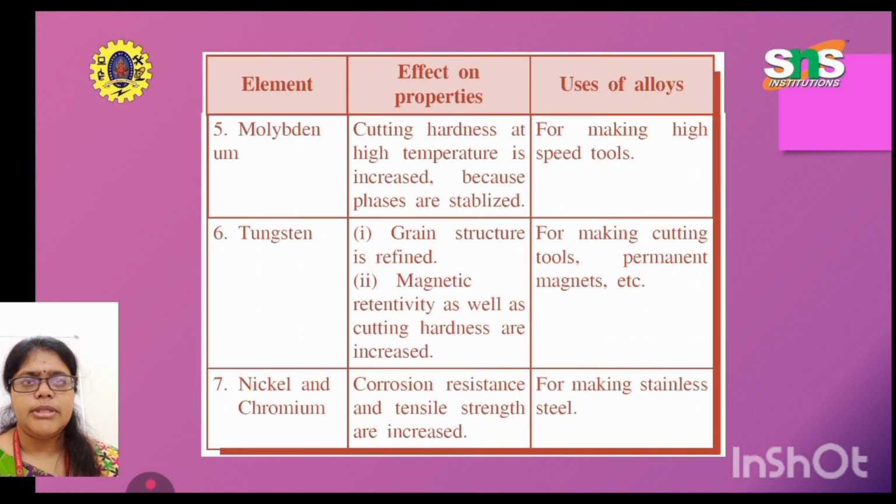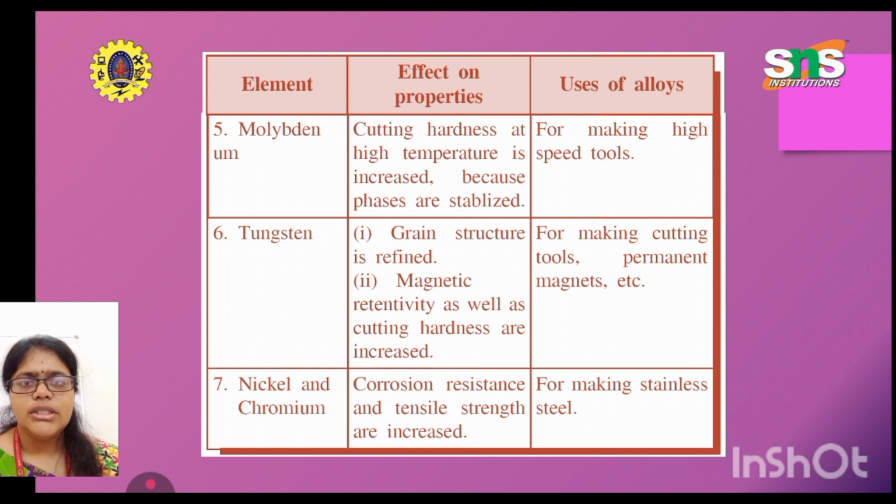And the next element is molybdenum. The effect is that cutting hardness at high temperature is increased because phases are stabilized. Uses of these alloys are for making high speed tools. Next element is tungsten. Grain structure is refined, and magnetic retentivity as well as cutting hardness are increased when we use tungsten.